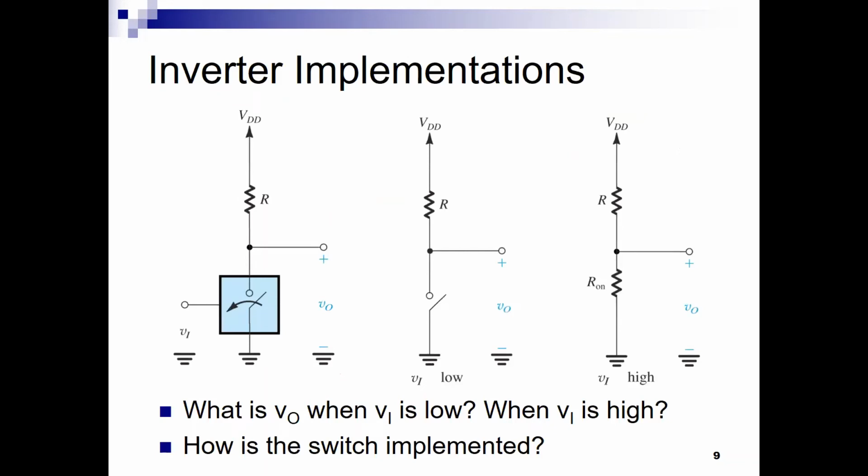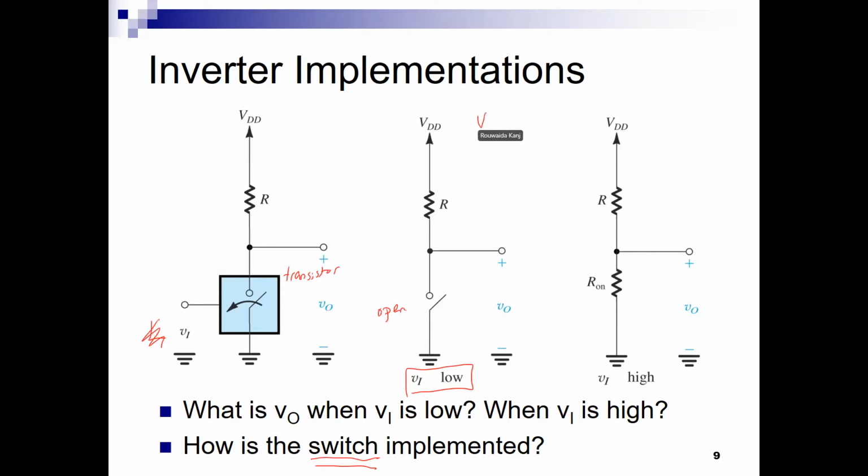Great. Now we have the inverter implementation that we studied. We said we will put a transistor here to mimic or implement the switch. If the input is low, then the switch is open.